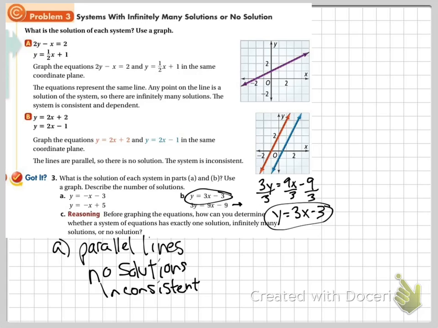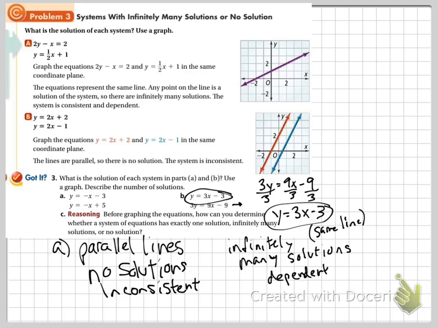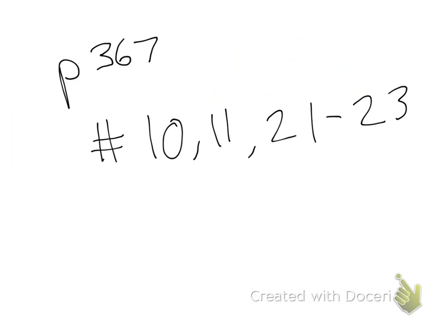And they have every single point in common. So there are infinitely many solutions. Because they are the same line. Put that in parentheses, same line. And this was called dependent. And there you go, there's your homework.